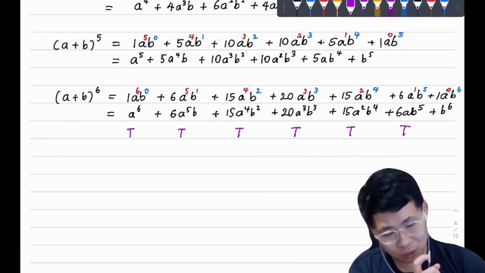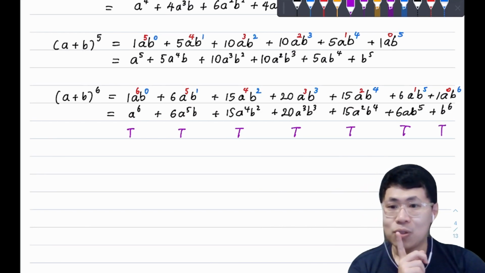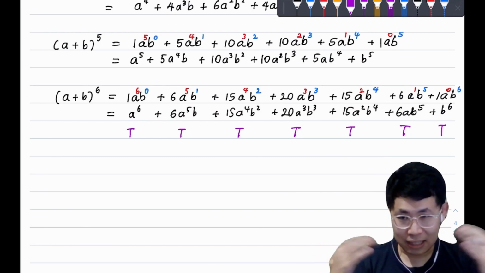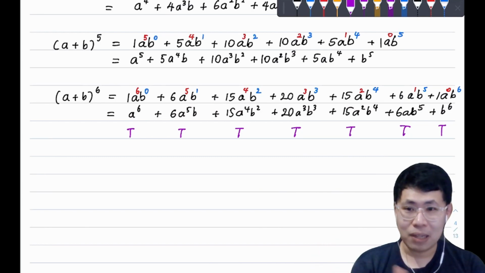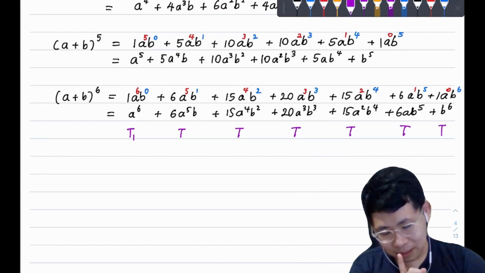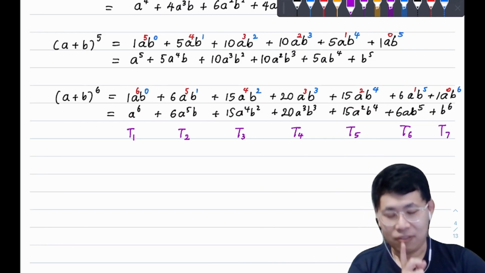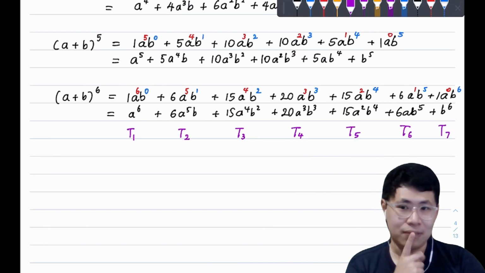We have term 1, term 2, term 3, term 4, term 5, correct? So when we want to expand to the sixth power, we have 7 terms, n plus 1 terms. So this will be the first term, second term, third term, fourth term, fifth term, sixth term, and the seventh term, term number 7.